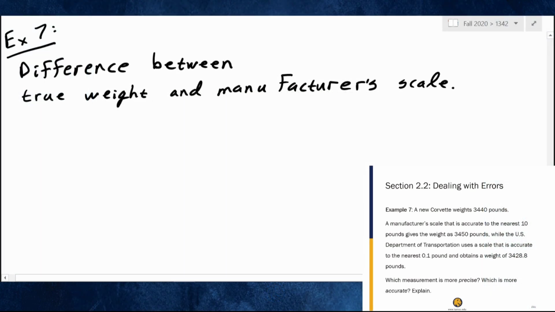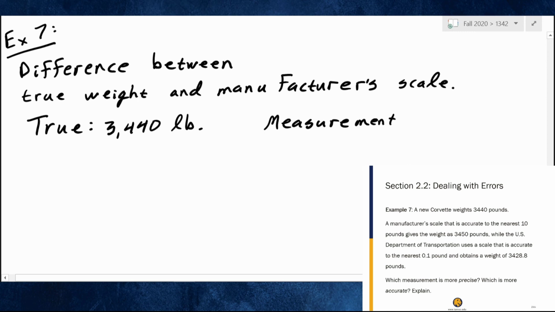So let's consider the difference between the true weight and the manufacturer's scale. Like it said here, the true weight is 3,440 pounds, whereas the measurement that was made was 3,450 pounds. So we can tell that it's off by 10 pounds.